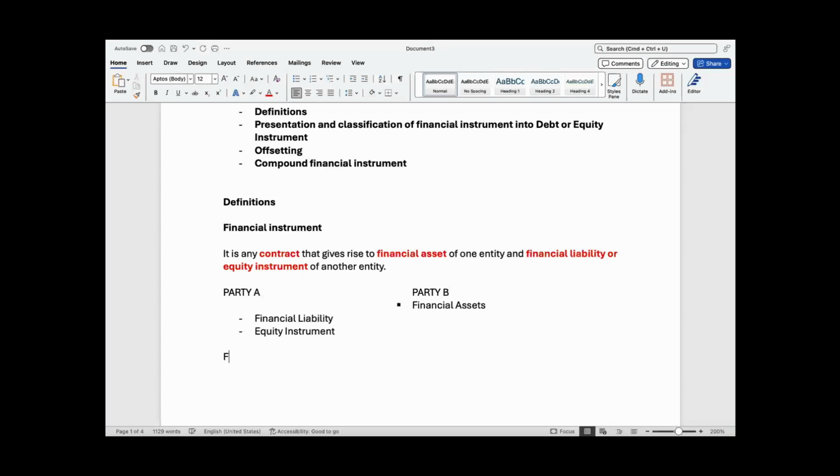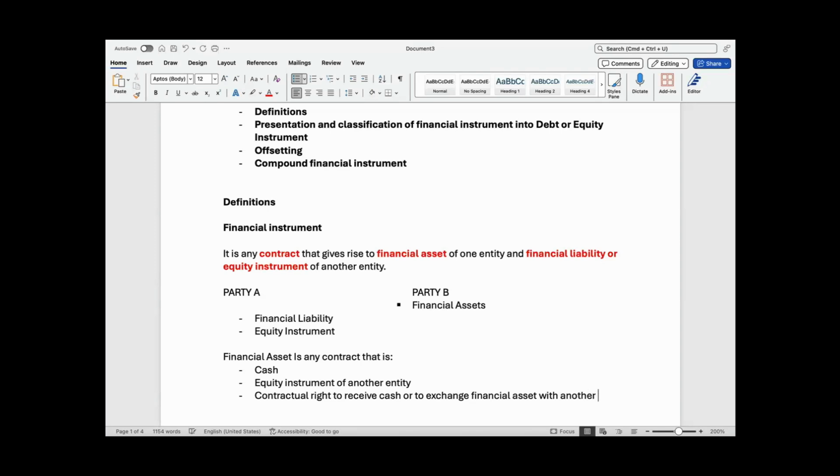IAS 32 went ahead and said that a financial asset is any contract also that is cash, equity instruments of another entity, and contractual rights to receive cash or to exchange financial assets with another entity under conditions that are potentially favorable to the entity.